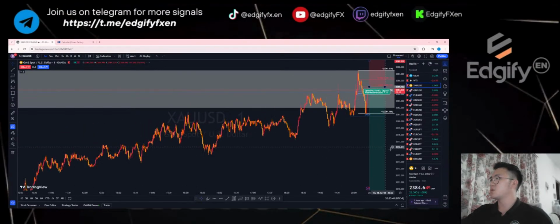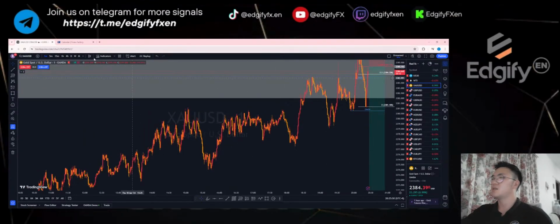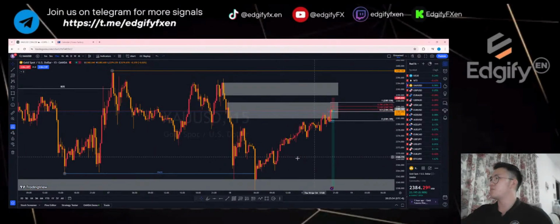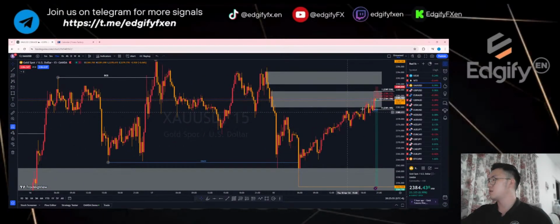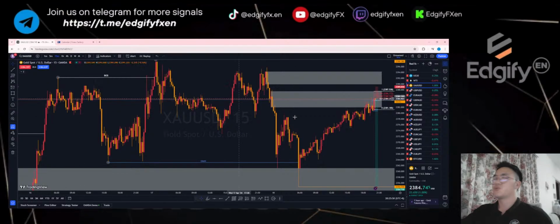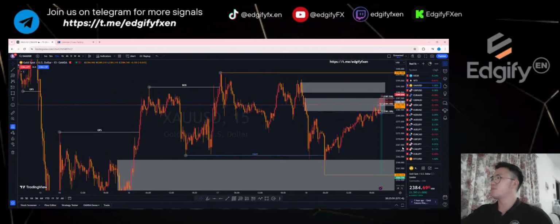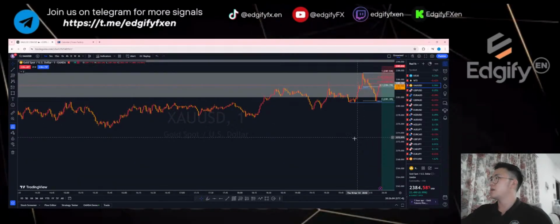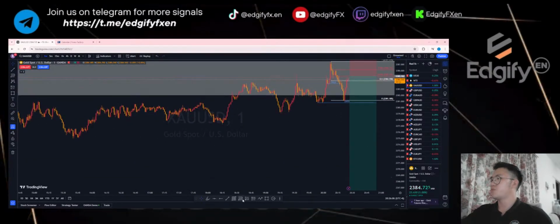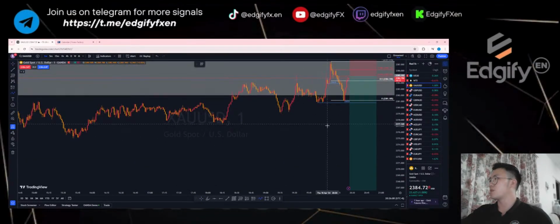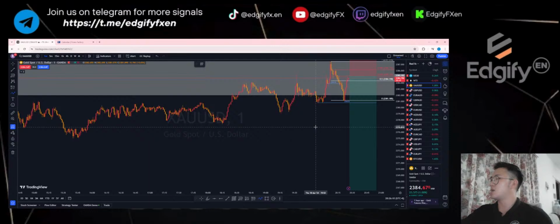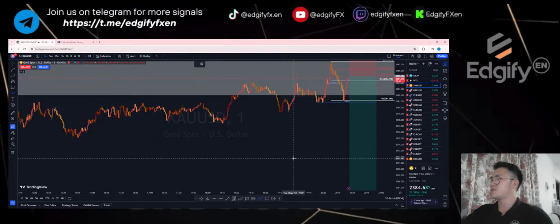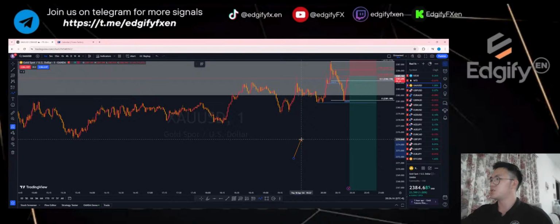Why do I say so? Because if you look at minute 1, all right, 15 minutes is where my bigger time frame is for the sell. So if I'm using the 15 minutes as my big time frame to sell, I need a confirmation in minute 1. In minute 1 you have 2 options, the first being a little bit more conservative, which we have said countless times, right? You see this price moves.